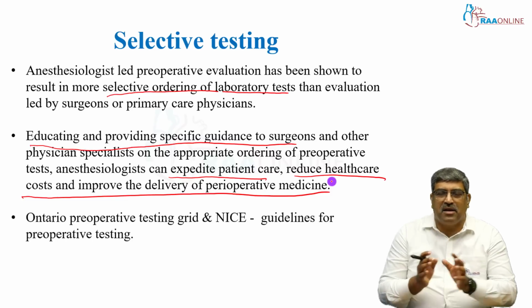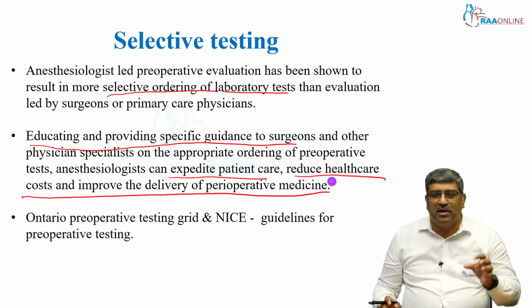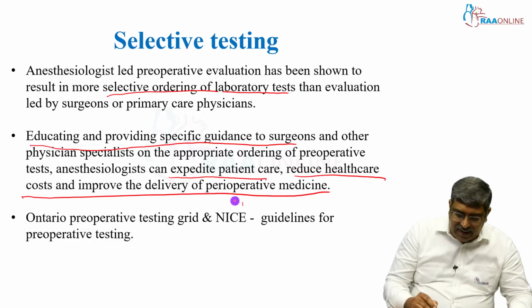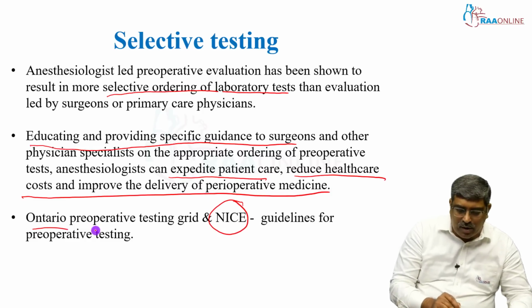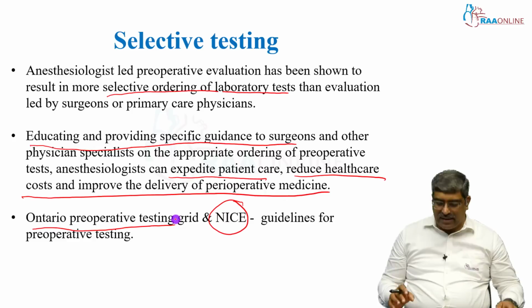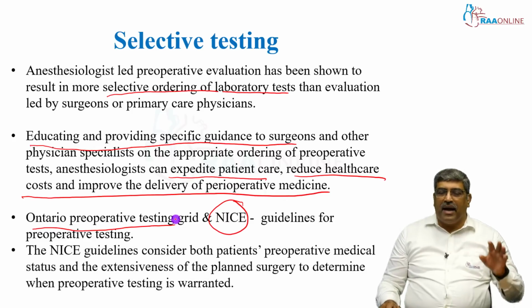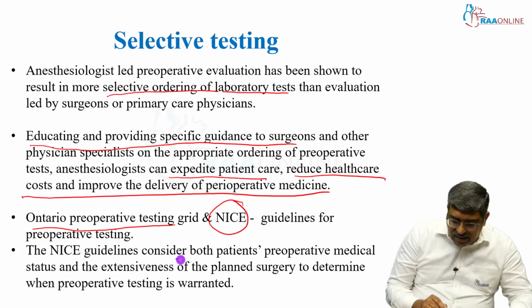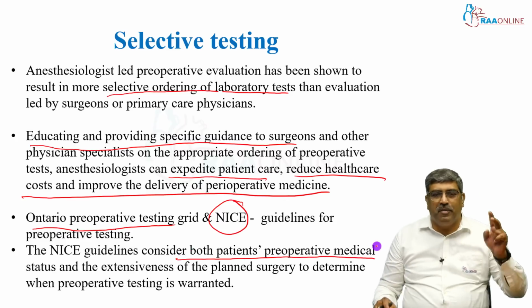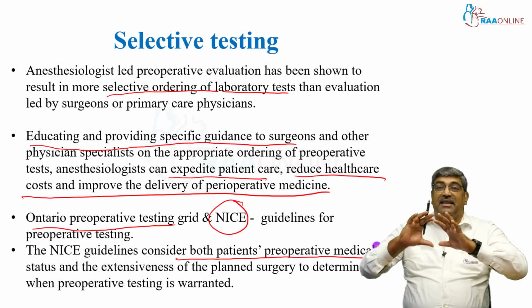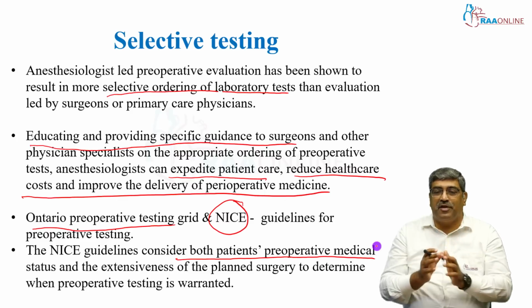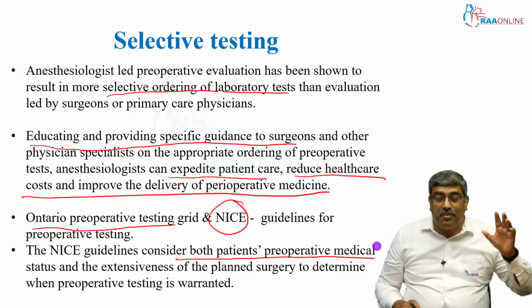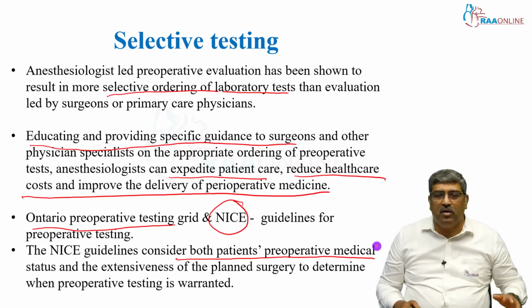Few guidelines are there for preoperative testing. Most notable are the NICE guidelines and the Ontario preoperative testing grid. The NICE guidelines consider both the patient's preoperative medical status and the extensiveness and invasiveness of the planned surgery in deciding whether preoperative testing is needed or not.